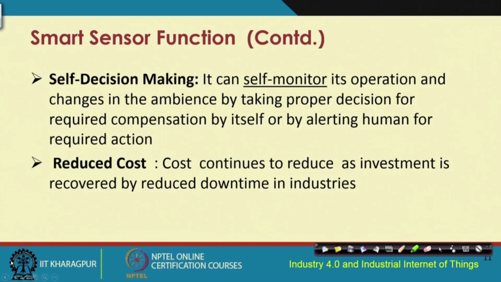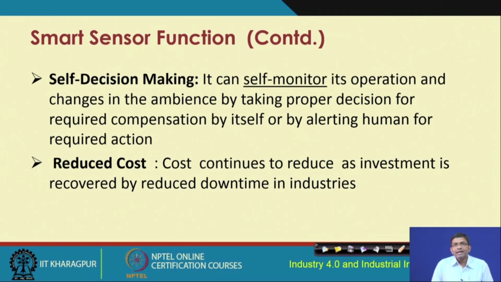So, the next important function is self decision making. Because it is a smart sensor, because it is an intelligent sensor, it has to do things on its own. So, it can self decide, it can self monitor, and based on the ambient conditions it can make certain decisions on its own, and this would be possible with the help of the processor that is inbuilt into this smart sensor.